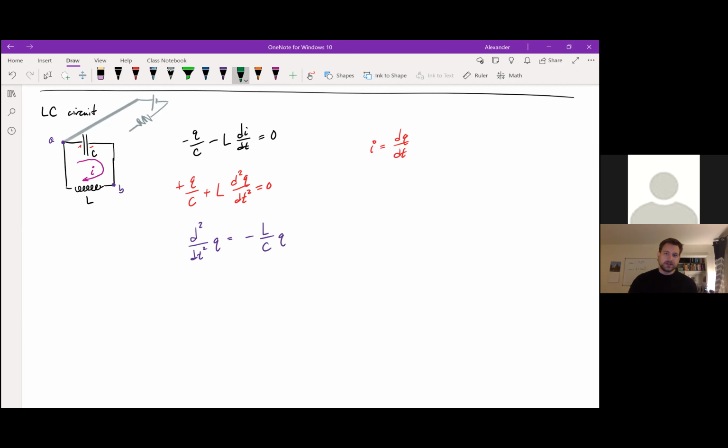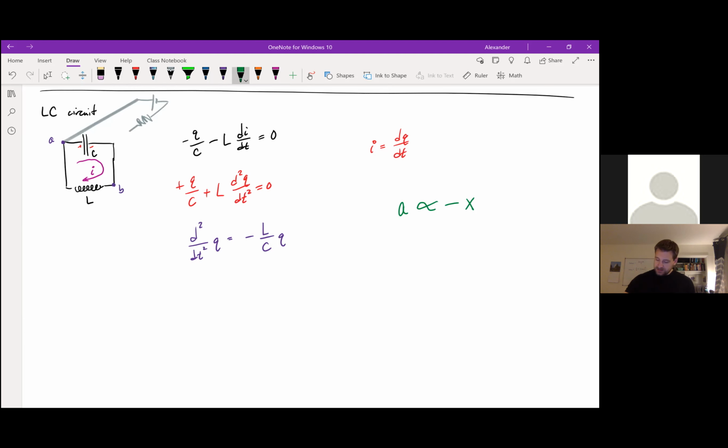When we considered the oscillation of a mass on a spring, actually, when we considered physical oscillation of any kind, we said as long as we can say that the acceleration is proportional to the negative displacement, that's oscillation.